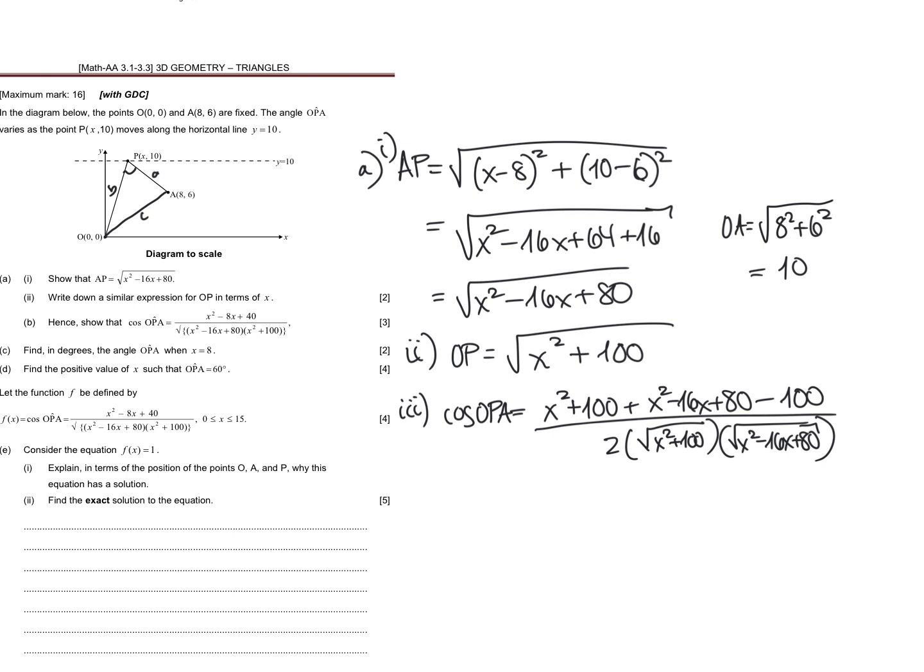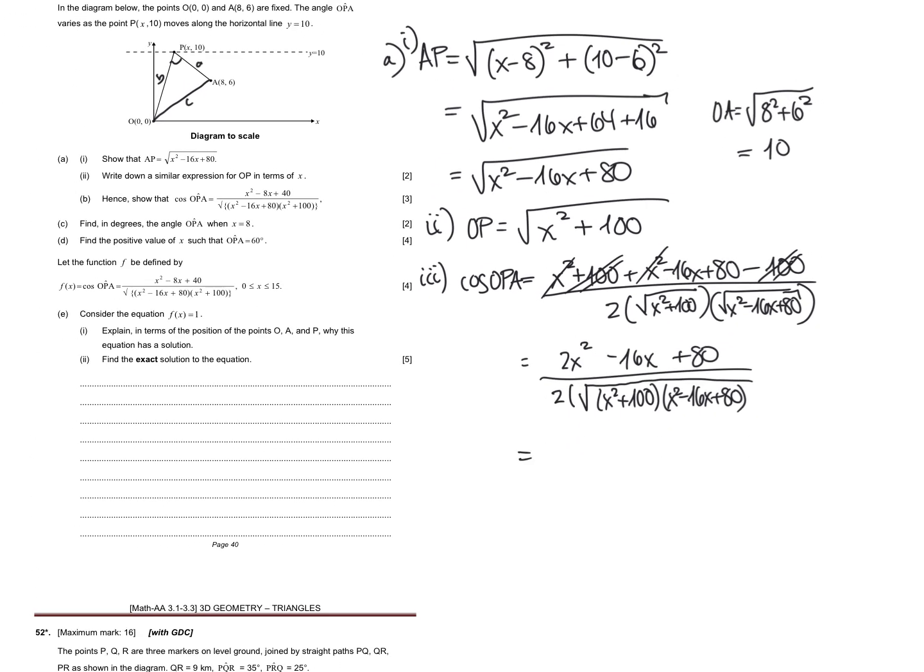So yes, we have 2x squared minus 16x, the hundreds go away, plus 80 over all of that. We can bring them under the same square root, and then we can factor out a 2. So the 2s will cancel. So I have x squared minus 8x plus 40 over all of that.